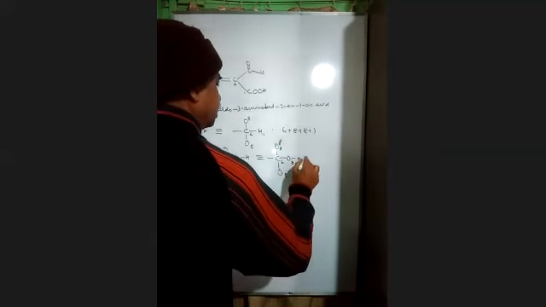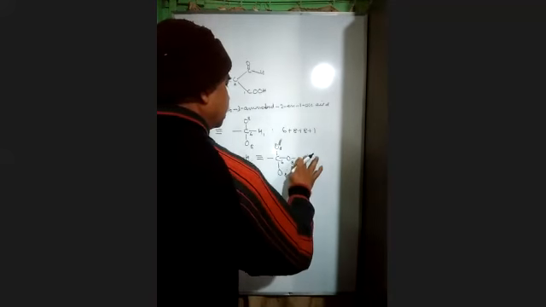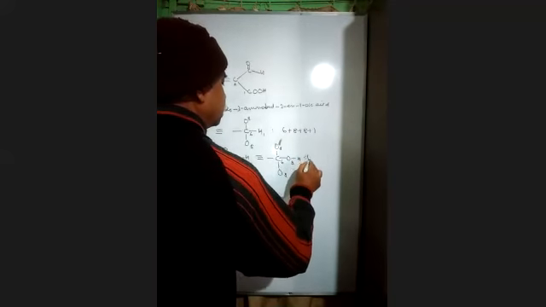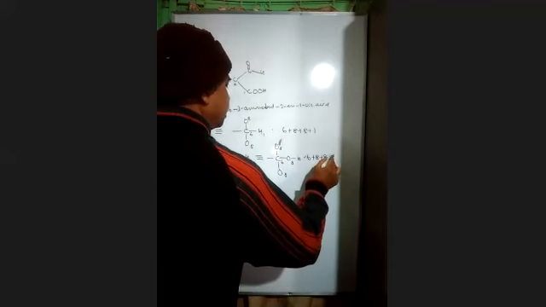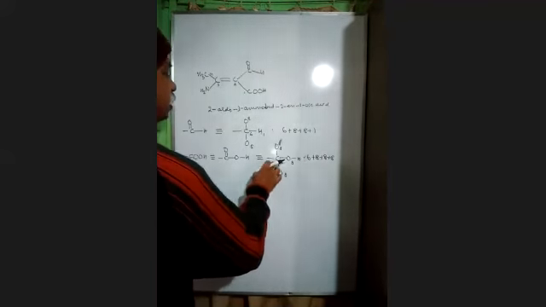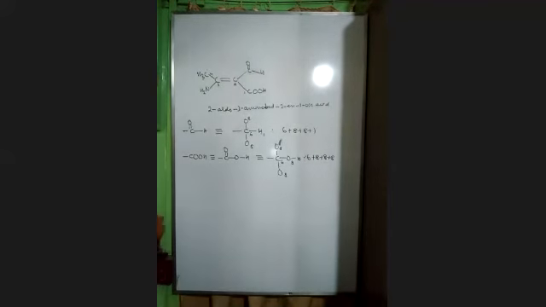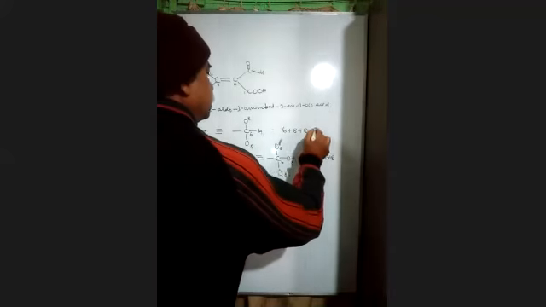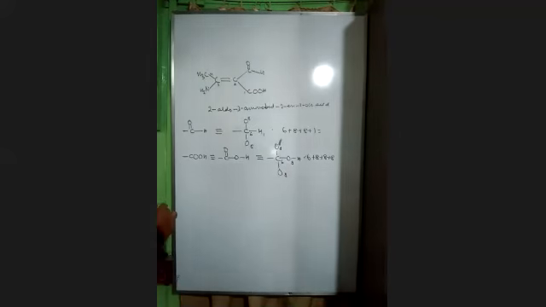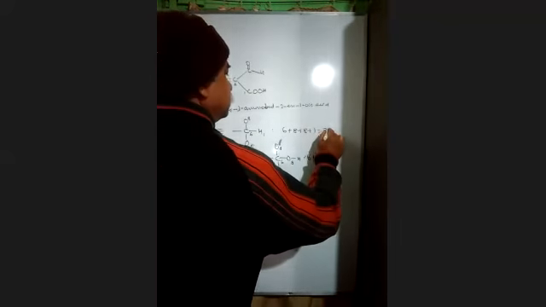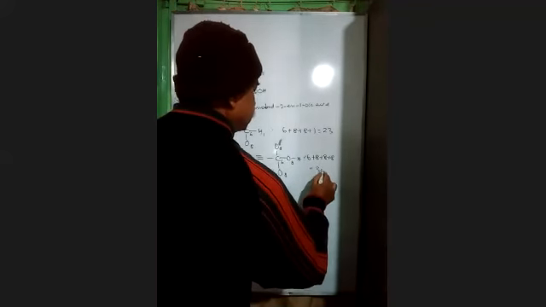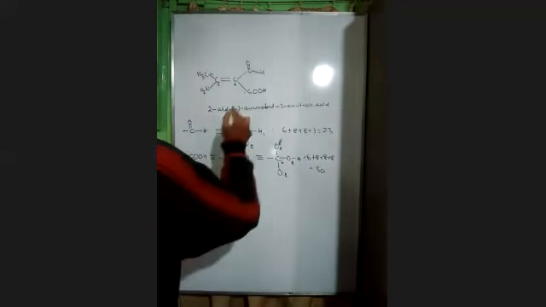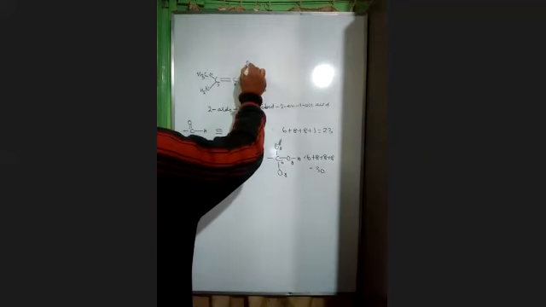So it is 6 plus 8 plus 8 plus 8. I'll not write this one because it's not directly bonded to carbon. So how much does it come to? 30. So priority wise this is 1, this is 2.